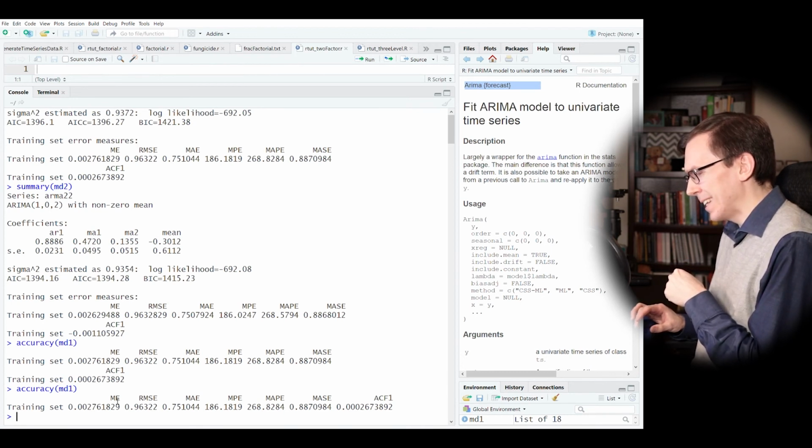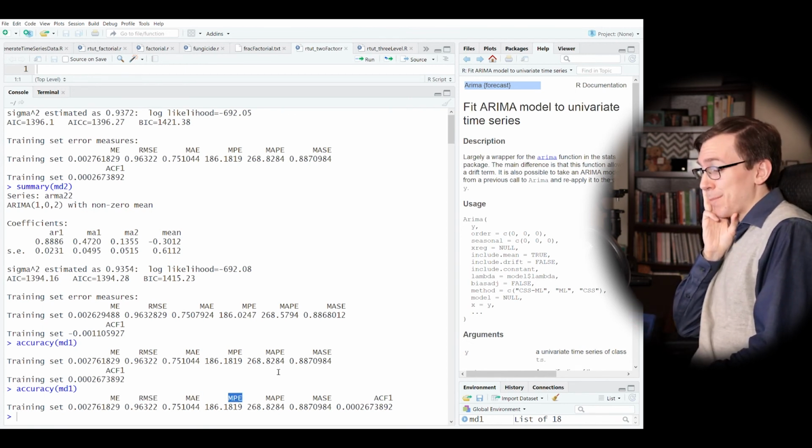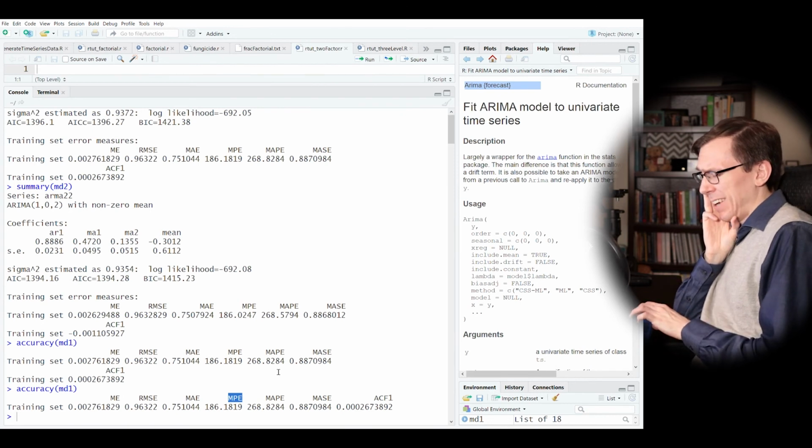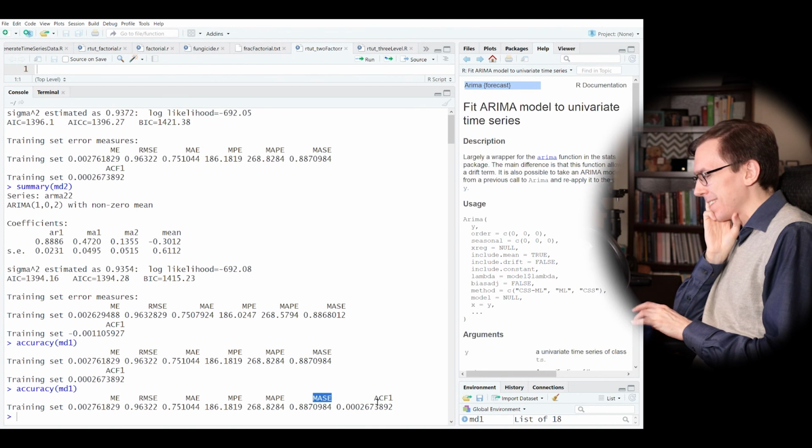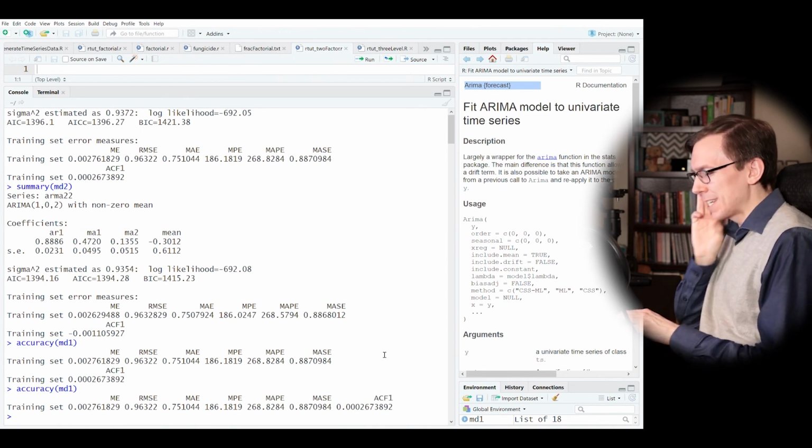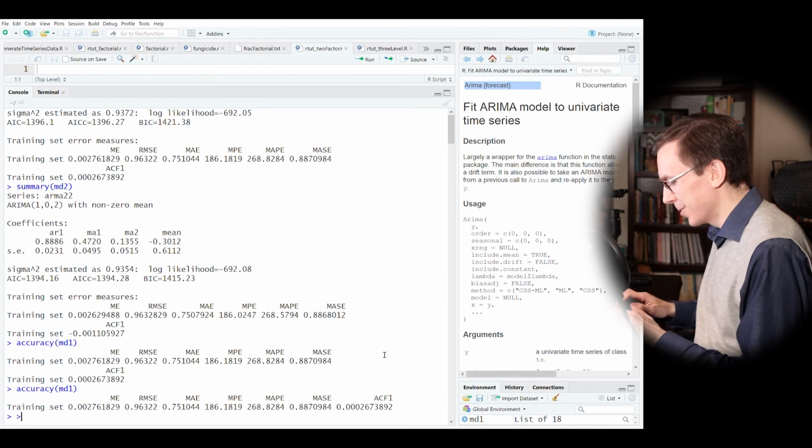For example, this I think is the mean error, the root mean squared error, the mean absolute error, can I get them all right? The mean percentage error, the mean absolute percentage error, the mean absolute scaled error, and I'm not sure what ACF1 is, but I wouldn't be surprised if it has something to do with the autocorrelation.